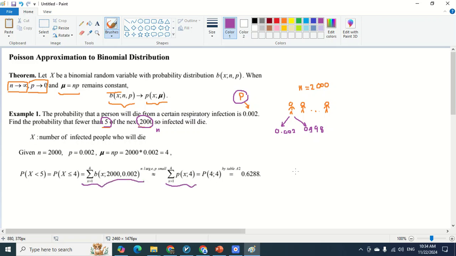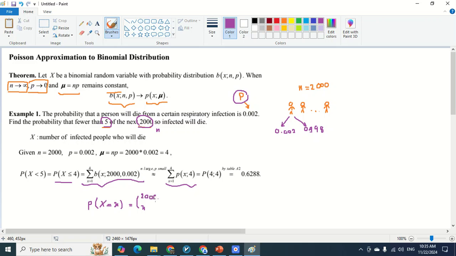It means that we can say the probability of x less than 4 should follow the Poisson distribution. Normally the probability of x would be calculated using the binomial distribution, for which you should calculate the combination of x out of 2,000. It's a big number in a combination indeed.